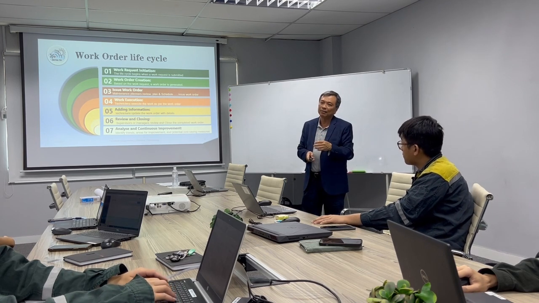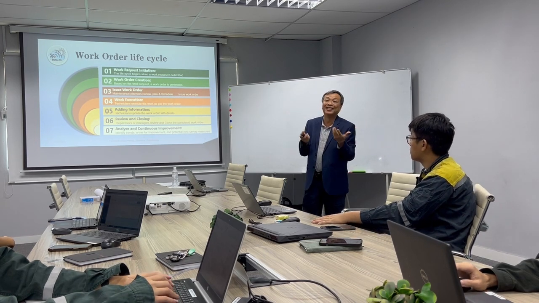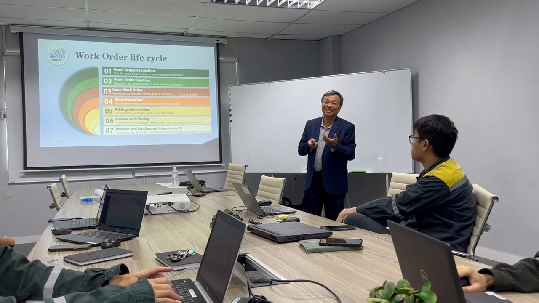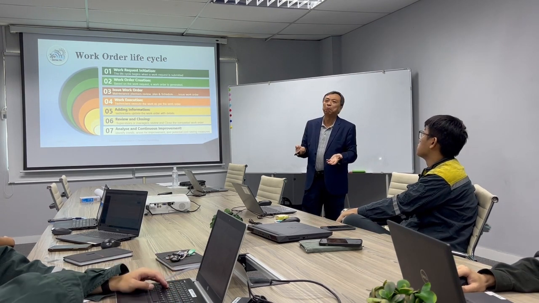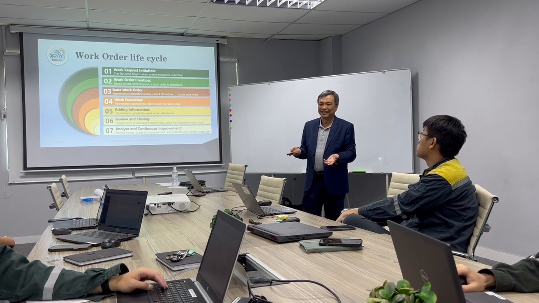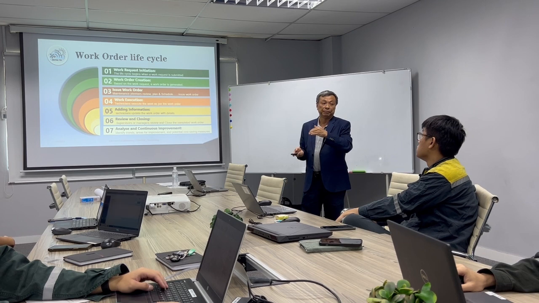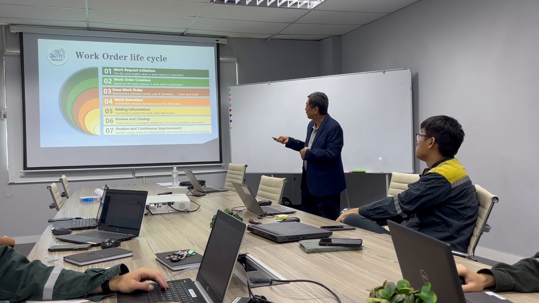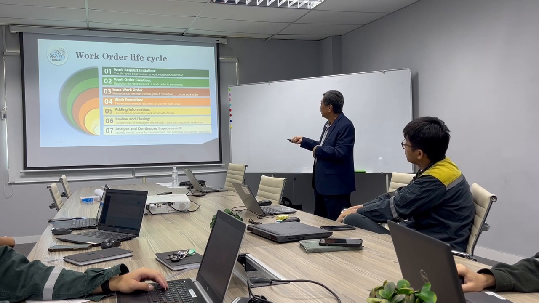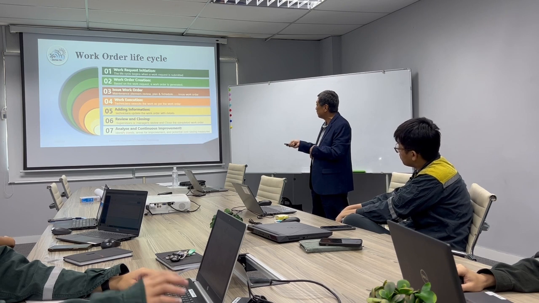Once everything is pending, it has no more meaning, and you don't know which one is which. If we clear the system and follow up, we keep the list as tidy as possible, which is easier for us to manage. So we do review and closing.